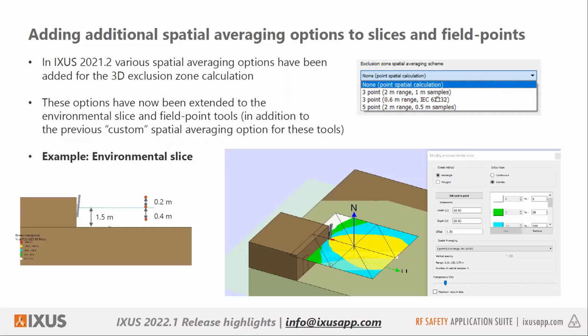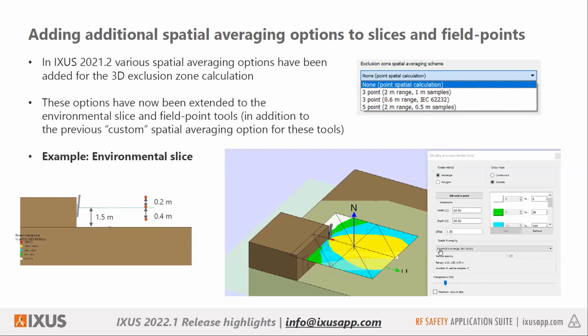Or the 3-point IEC scheme, which is documented in the IEC 62232 standard, and also a 5-point scheme. So users have requested that these options also be made available to the environmental slices. So over here in the middle, I show you an environmental slice. And then if we apply now, in this case, spatial averaging, you will note that this changed a little bit.